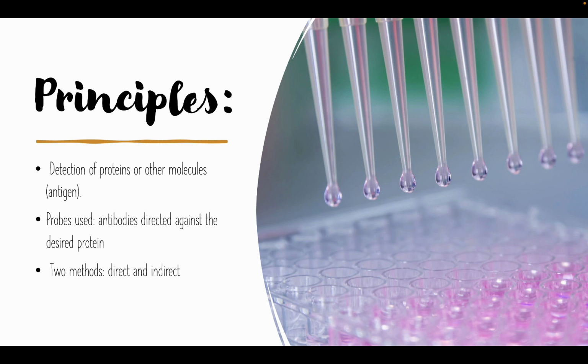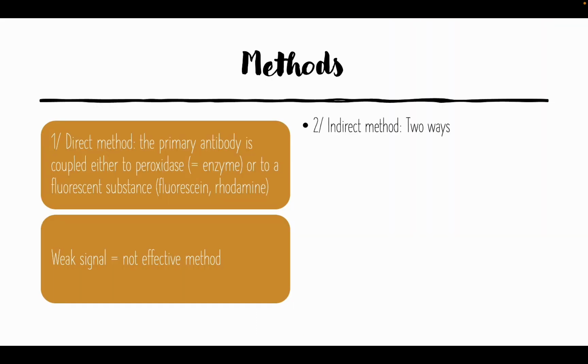For the direct method, we attach a primary antibody directly to an enzyme or fluorescent substance. This method is not very powerful, like having weak clues in our case.